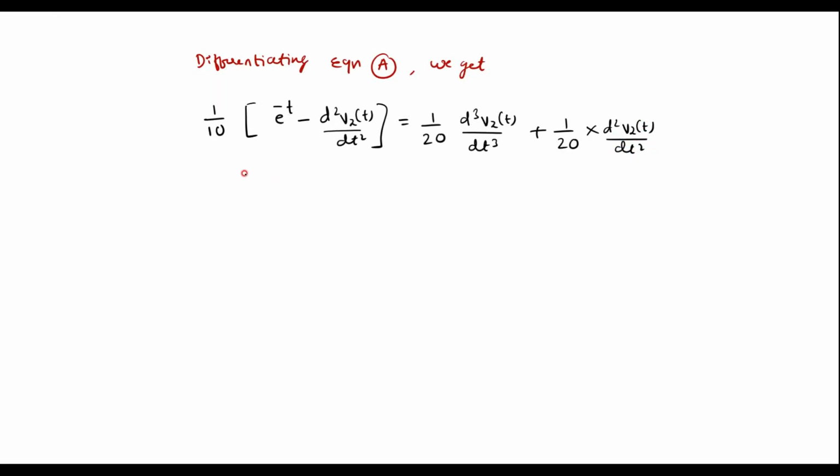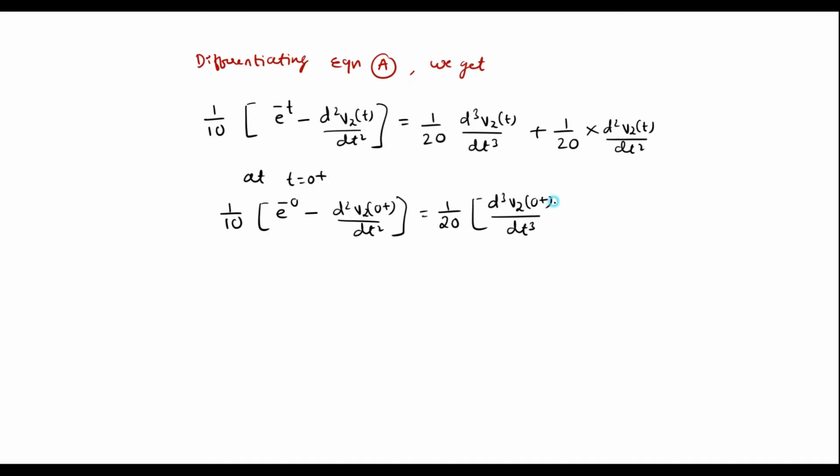Now again at t equal to 0 plus, I can represent this equation as 1 over 10, that is e power minus 0 minus d square v2 of 0 plus by dt square is equal to 1 over 20 d cube v2 of 0 plus by dt cube plus 1 over 20 d square v2 of 0 plus by dt square.